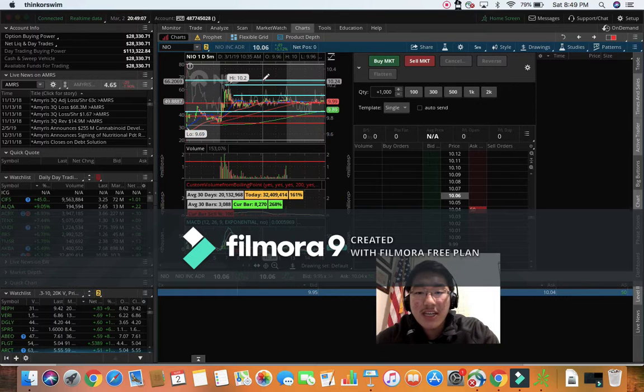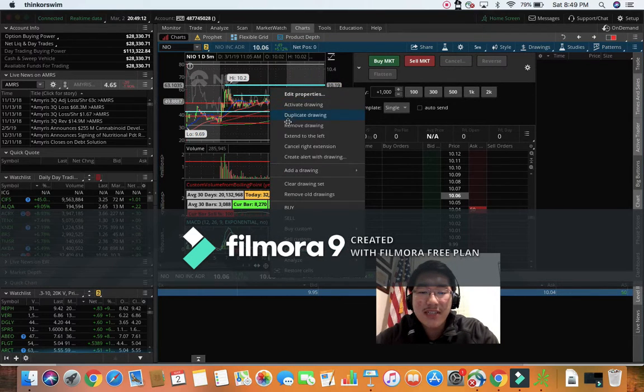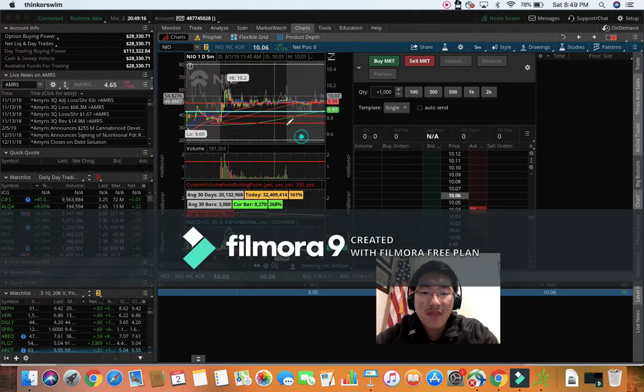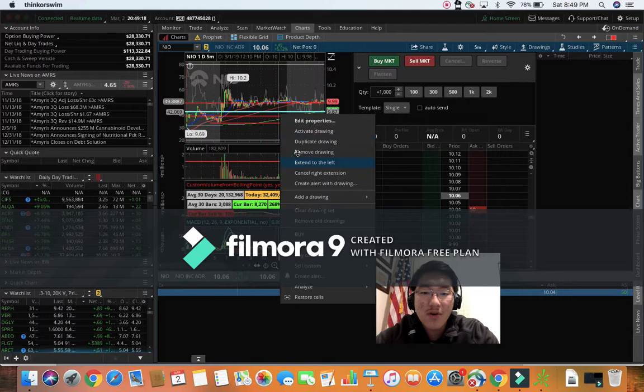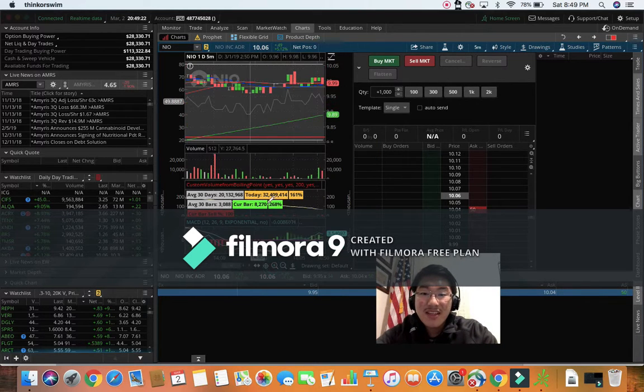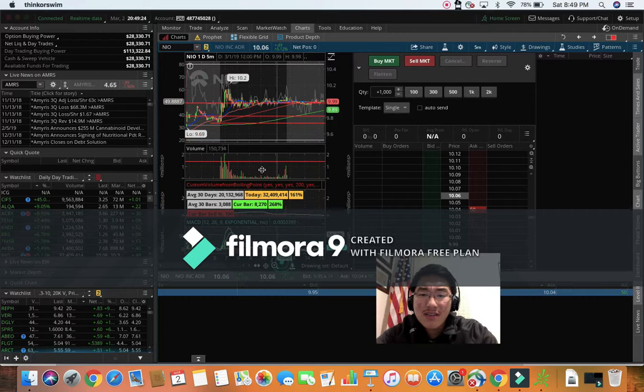Let me delete a couple lines right here to make sure this is understandable. Just one more, and voila, here it goes. Let's zoom out a little bit. Overall, the stock is in an uptrend.